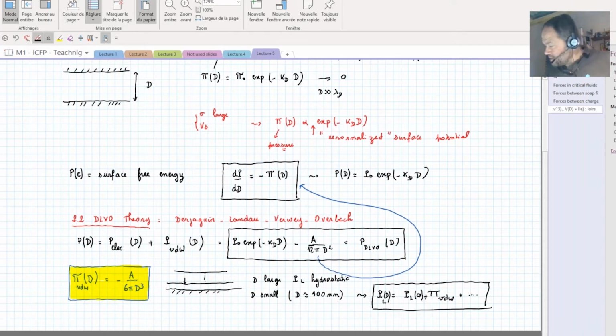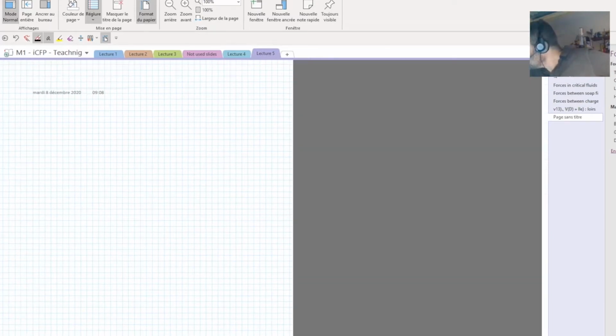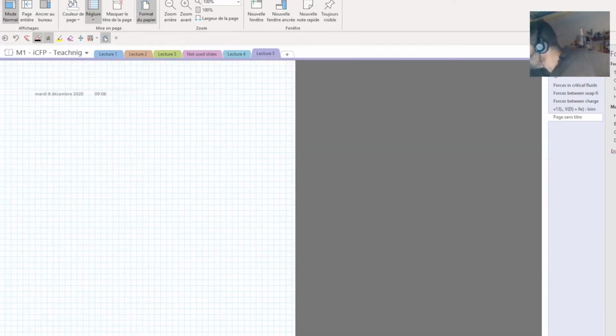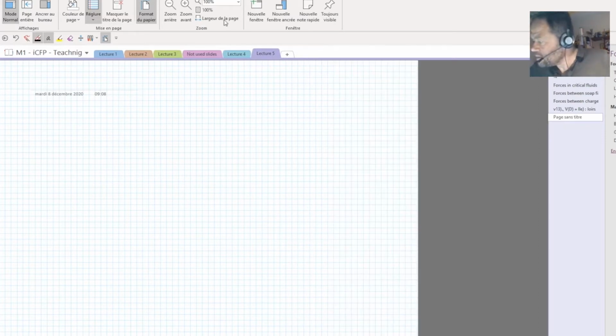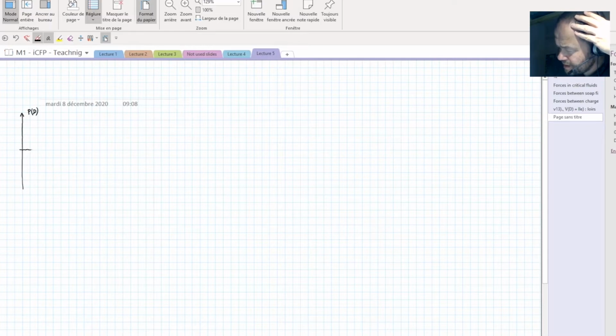Well, so based on that, we can calculate the shape of the total pressure. So the free energy, I will discuss the free energy. So P of D is the sum of two terms.